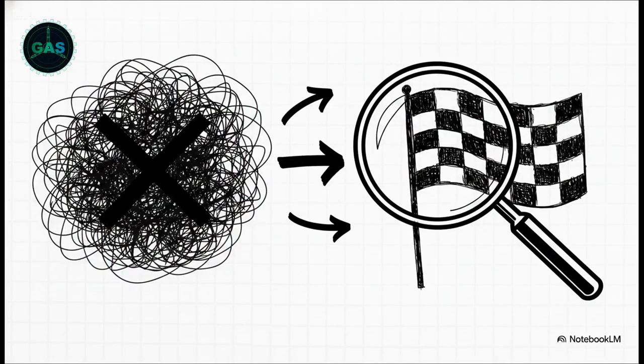But to succeed as an architect, you absolutely must avoid the two biggest mistakes we see managers make with AI. First, giving vague instructions. You can't just drop a prompt like, "Find me leads." You've got to define the specific goal, the industry, the role. And second, and this is equally important, you have to define exactly what done looks like.